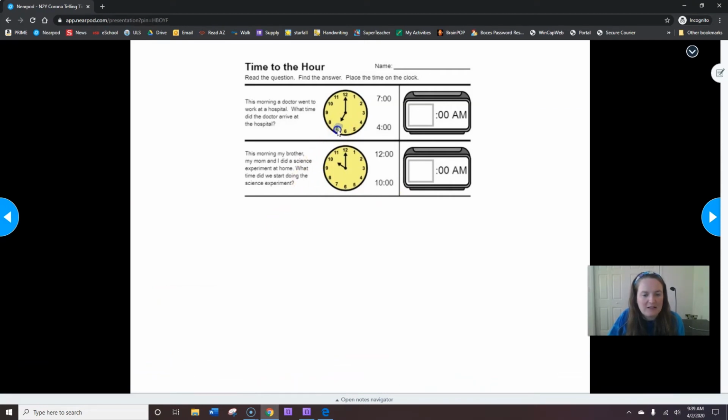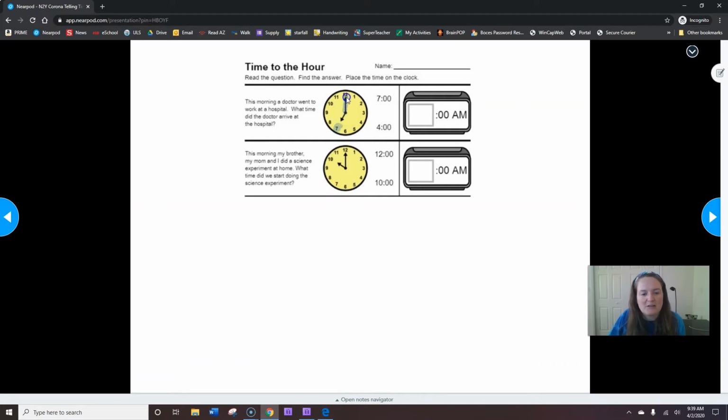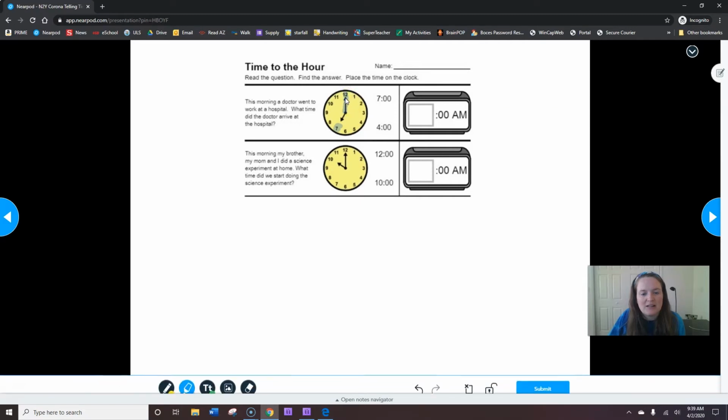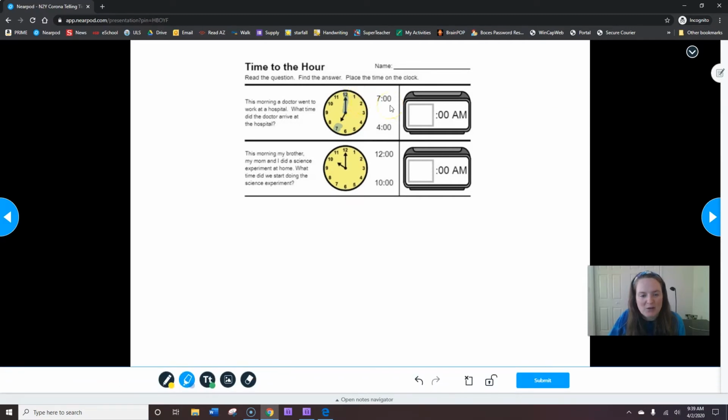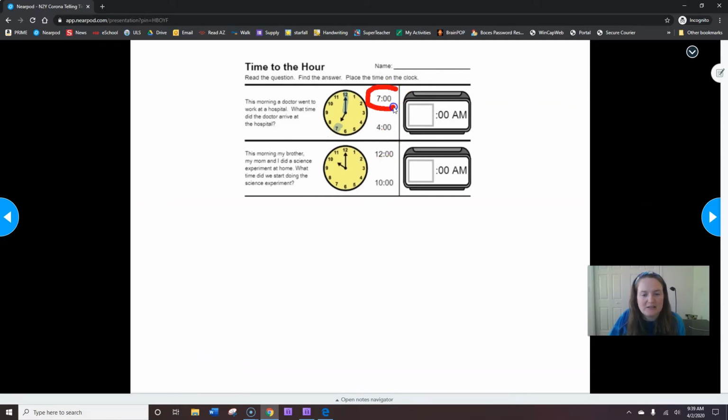Our little hand is on the 7. Okay, when the big hand right here is pointed at the 12, that means o'clock. Can you say o'clock? So this shows 7 o'clock. Okay, so what we're going to do here is circle 7 o'clock.